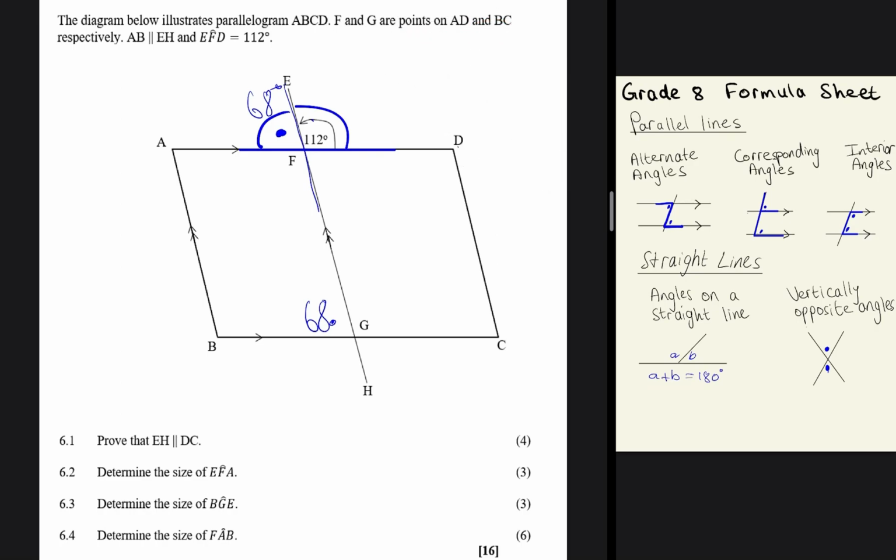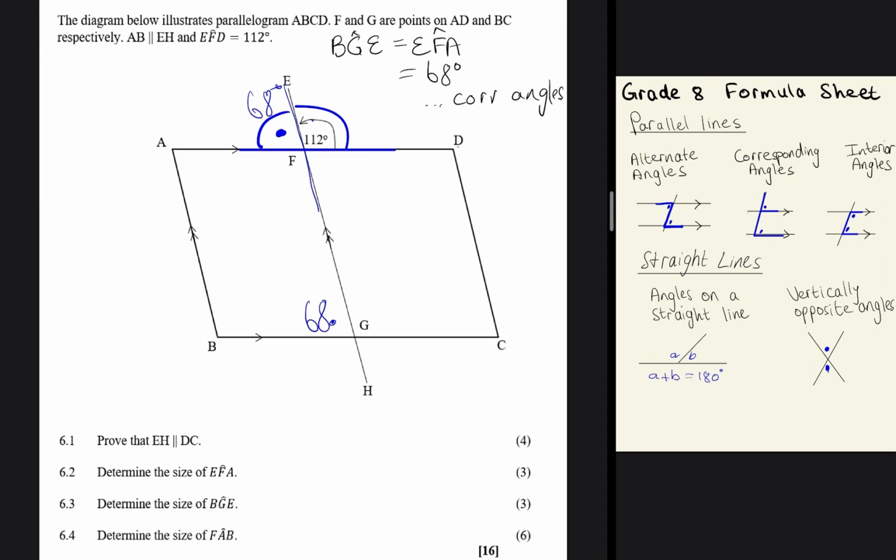And now let's just work out the answer. So you write down, we're looking for angle BGE. So angle BGE equals angle EFA, and that is equal to 68 degrees. And the reason is corresponding angles.